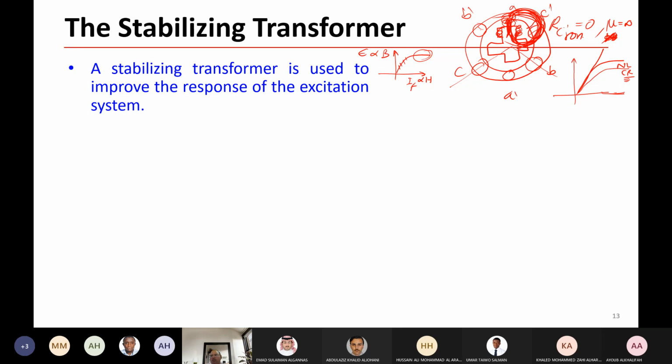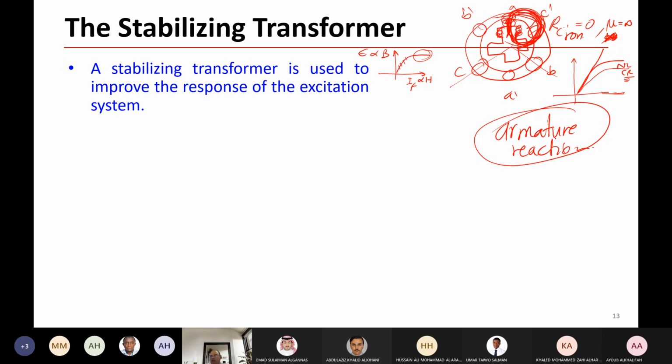Okay, but when we have loading in the armature, when we have currents in IA, IB and IC, this current produces what we call the armature reaction. So this current will produce flux. So we have now two sources of flux. One comes from the field winding, and the other comes from the armature current.